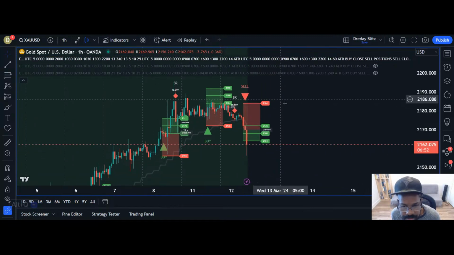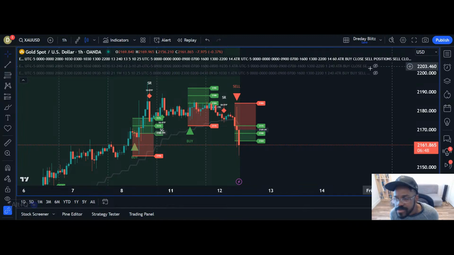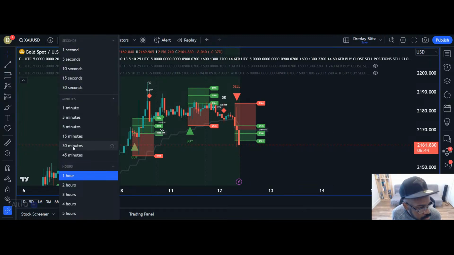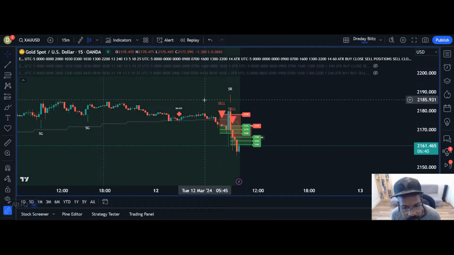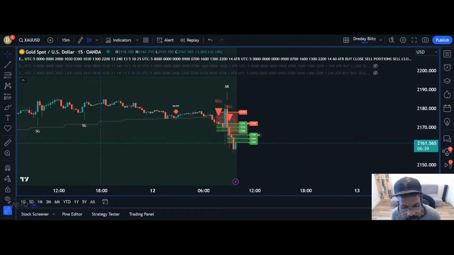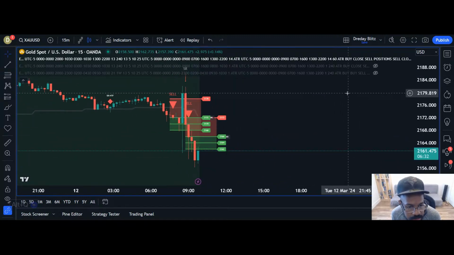Boom. It's always better, if you're trading off of the 15, to put it on the 1 hour. As you can see, it gives you some good setups here.